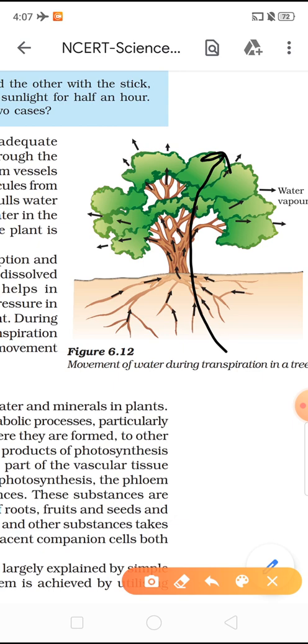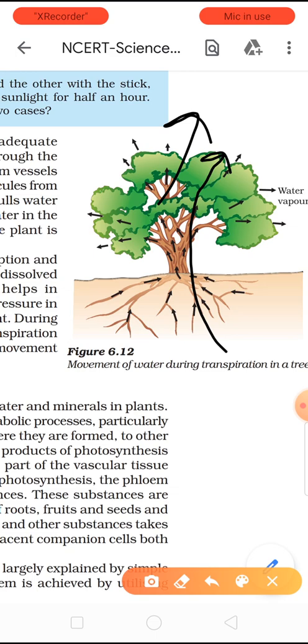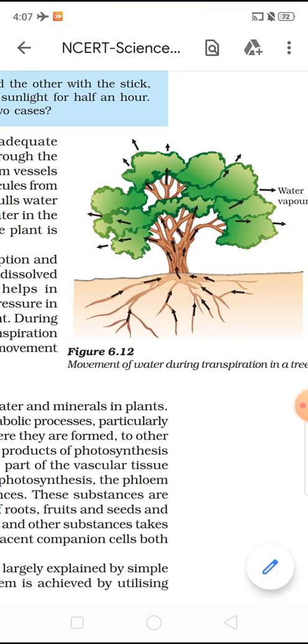Why? Because during daytime stomata are open, and as the stomata are open, water molecules in the form of vapor are continuously moving out. Understood? Sure? Yes. Let's move further.